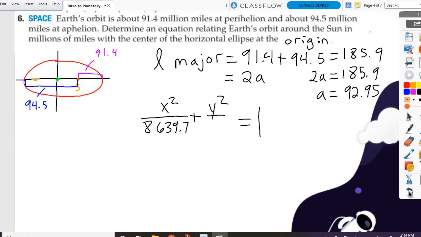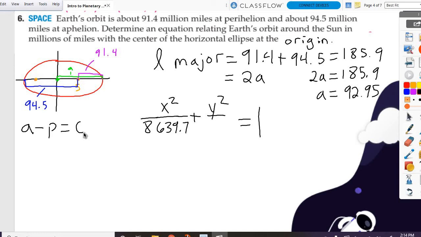And we've also labeled our A value, which is all of this right here. So notice that if I take my A value and I subtract that perihelion, I'm going to get my C value. Because remember, the C value is the distance from the center to the focus.